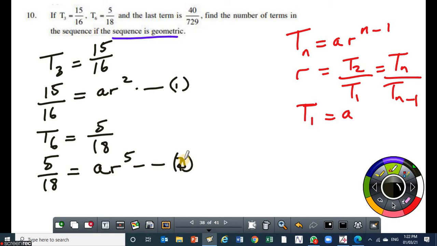For now, I'm not going to use the fact that the last term is 40 over 729. I'm going to use it later to determine n. So I need to determine the value of a and the value of r. After that, I'll use the fact that the last term is 40 over 729. Are you following that?